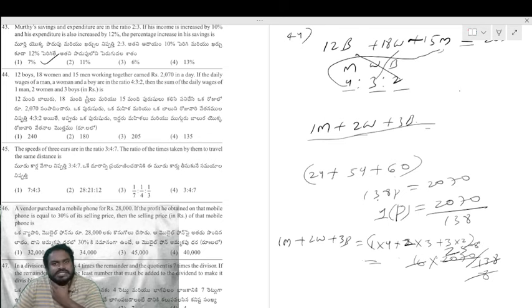The sum of the daily wages of one man, two women, and three boys. One man is 4, two women, and 3 boys is also 6. It is 16, okay.